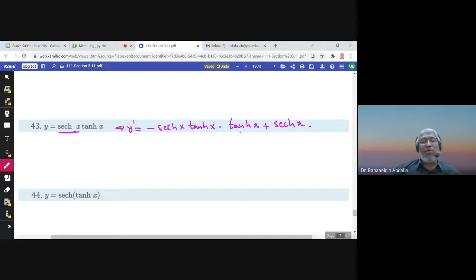Then multiplying by the derivative of hyperbolic tan, which is hyperbolic secant square. So if you want, you can write it as negative hyperbolic secant times hyperbolic tan to the power 2. And here you have hyperbolic secant to the power 3 when you add the powers.